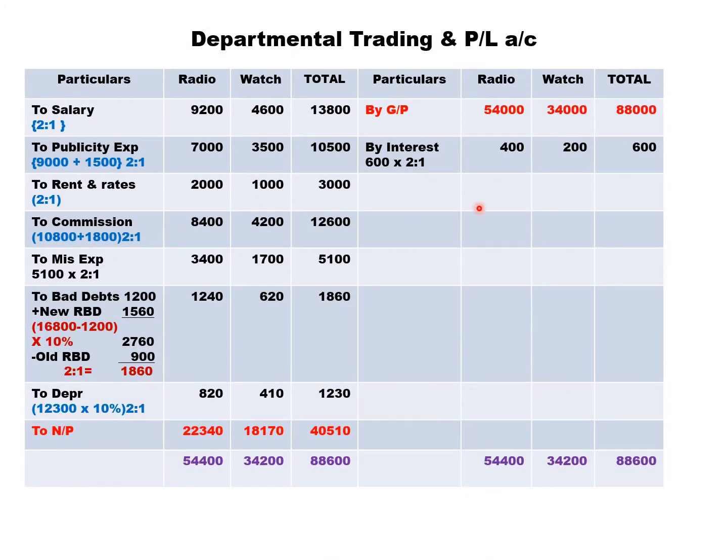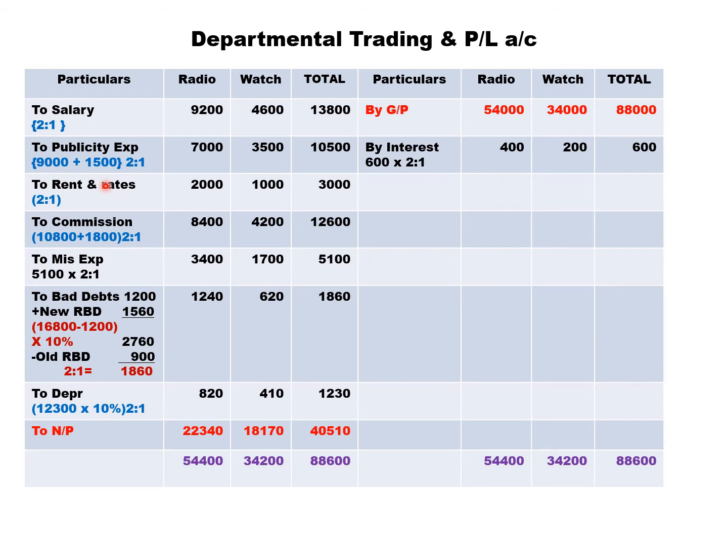So students, first bring down the gross profit from the trading account. Then take interest given in the credit side, 600 in the trial balance, distribute in 2:1. All expenses and incomes to be distributed in 2:1. Salary 2:1. Publicity expenses distribute in 2:1. Publicity expenses trial balance 9,000 plus outstanding 1,500.